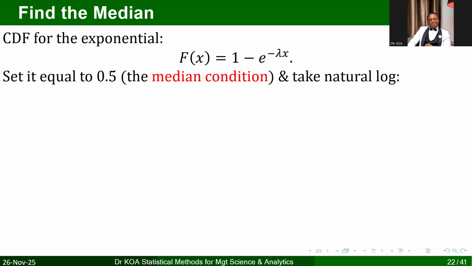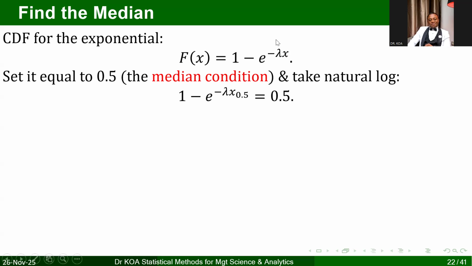And then after that, we take the natural log. Watch it. We take this function here and set it to 0.5, because we want to find the median function or the median condition. At this stage, you can find the value of x, or you can find a function where x is on its own, because we need the x at the point of the median.